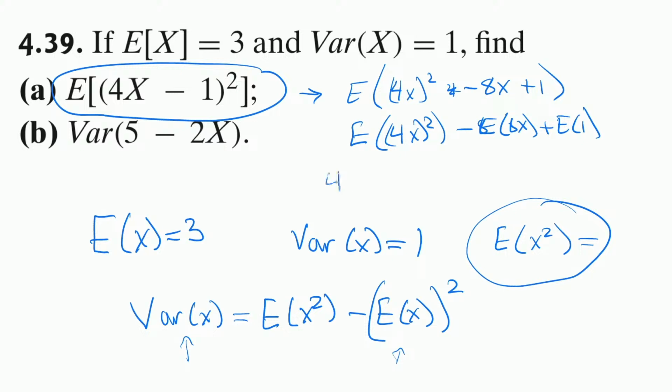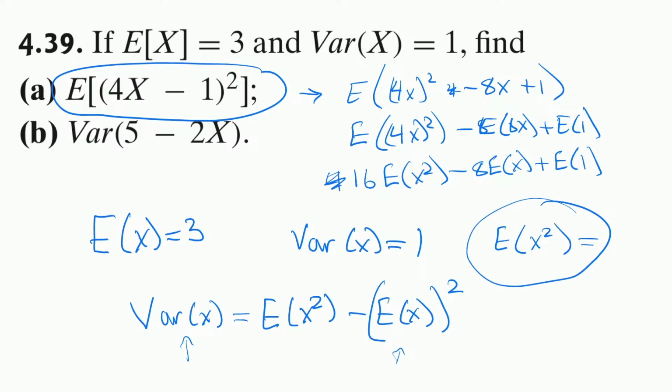And so that's 4 squared is 16 E of X squared minus 8 E of X plus E of 1. The reason you can do this is because these are summations. You're adding things together, so essentially you take the thing you're adding together and separate it into 3 summations. That's all that is.